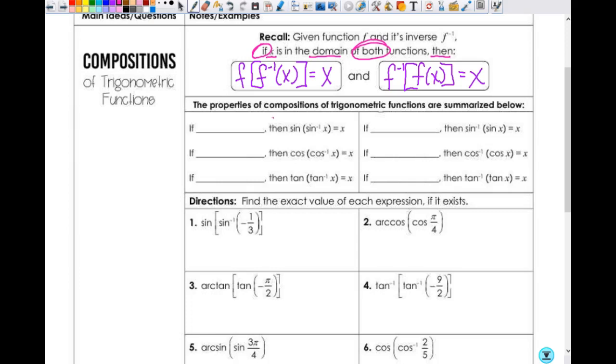So in the first set, what do you think x is? An angle or a ratio? Well, the first set is x would either be an angle or a ratio. What do you take the inverse of? A ratio, right? You have to take the inverse of a ratio to get the angle, right? So you take the inverse of a ratio, you get an angle, then you would take the sine, cosine, or tangent of the angle, and then you get the ratio.